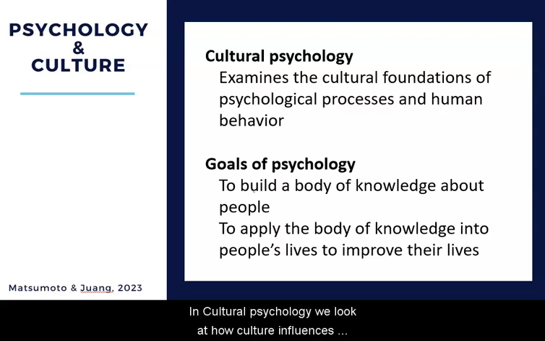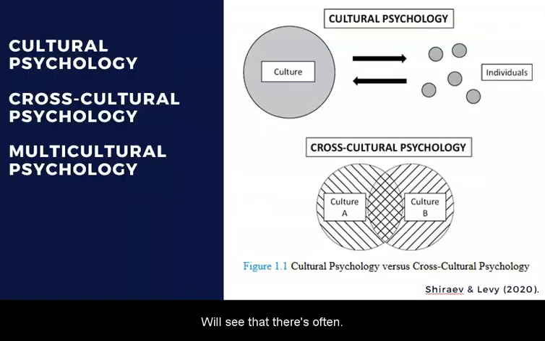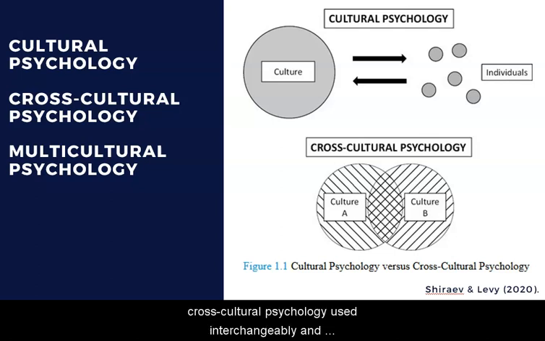In cultural psychology, we look at how culture influences our behaviors, or even how our behavior might influence culture. We'll see that the two terms, cultural psychology and cross-cultural psychology, are often used interchangeably, and that's fine.